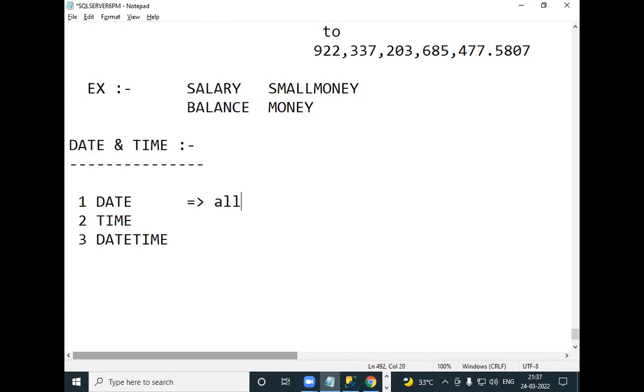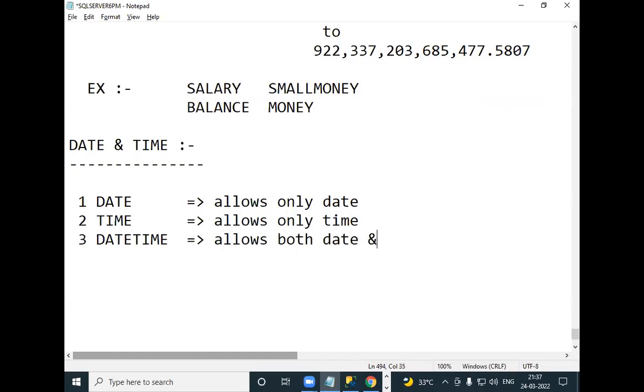Date allows only the date. Time allows only the time. Datetime allows both date and time.